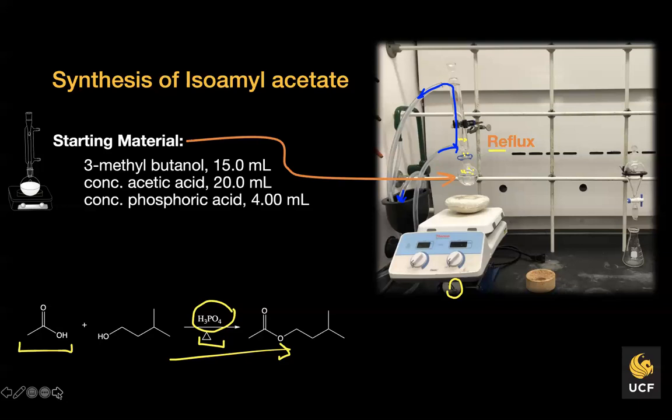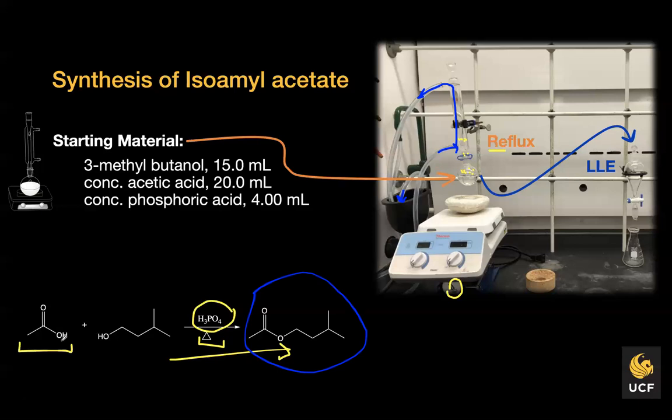What we do is we take that reaction mixture and we add it into a separatory funnel. What we're trying to do at that point in time is separate what's in solution so that we can extract the product of interest only, right? We'll talk about it in a minute. What is present in the round bottom flask at the end of reflux?